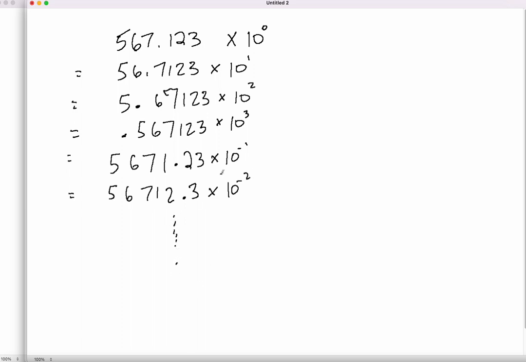Well, the point is we need to agree which one of these we want for storing inside the computer as a floating point number. And the answer is we're going to pick this one right over here.